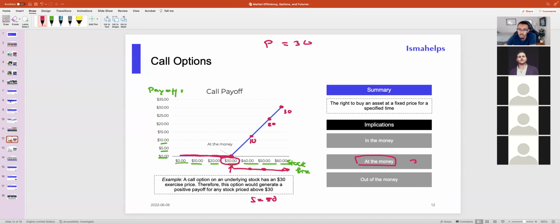So it'd be 30 equals 30. In other words, you could say P is equal to S. And you would say that you're in the money at any point here. So at any point that your price in the market is bigger than your strike price, so if 40 is bigger than 30, you would say that you're in the money.